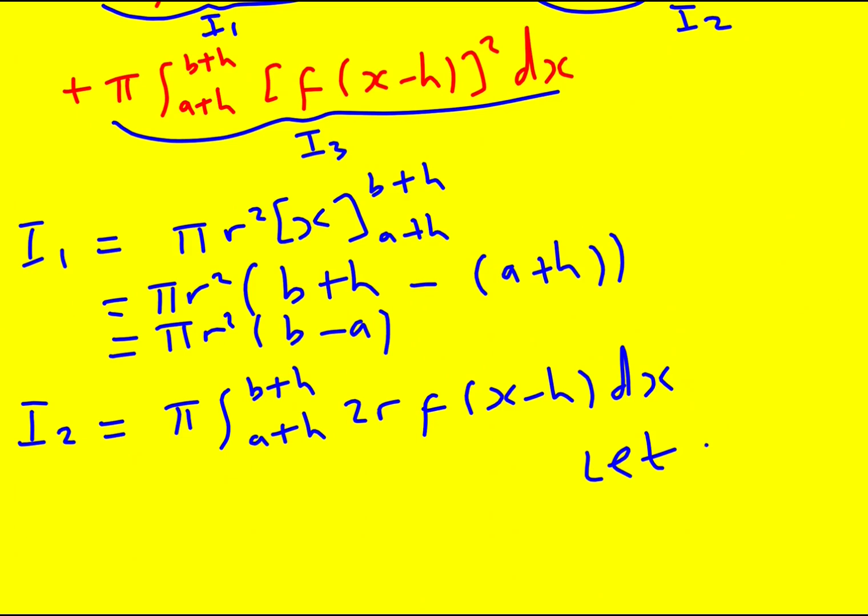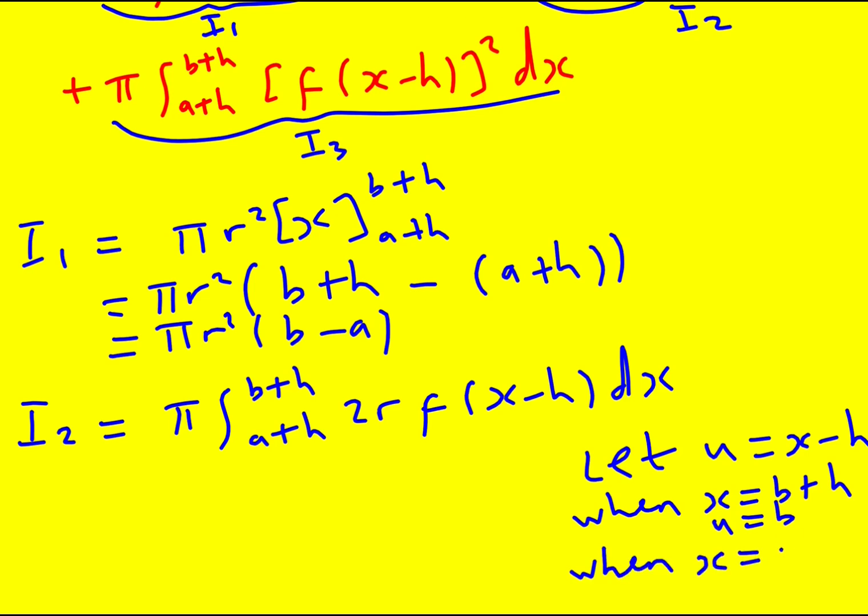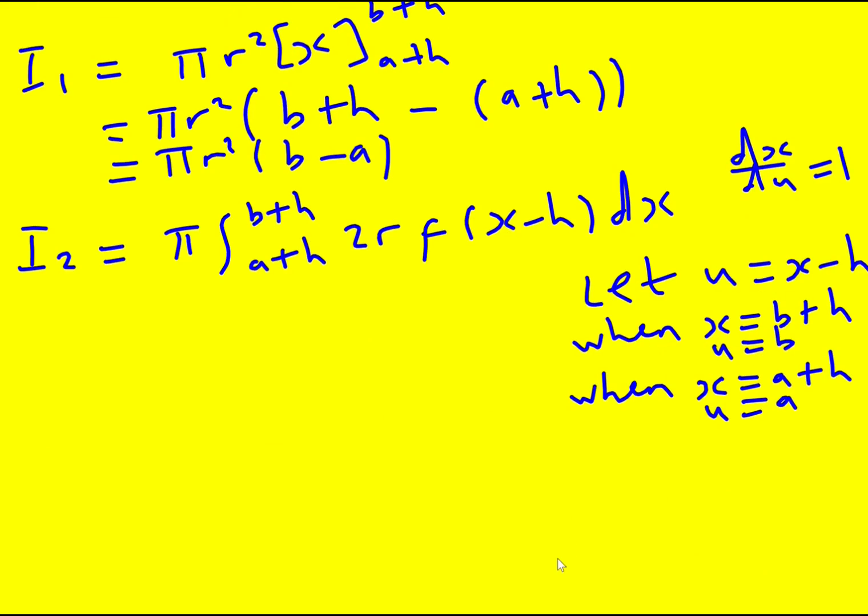Let u equal x minus h. When x is equal to b plus h, u is going to equal b. And when x is equal to a plus h, u is going to equal a. We'll also get that dx by du is just 1, so we won't have to worry too much about that.